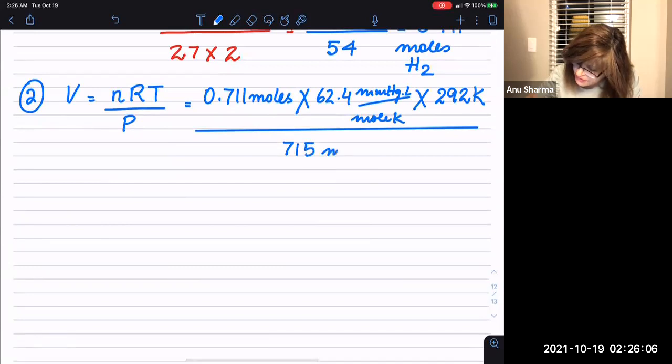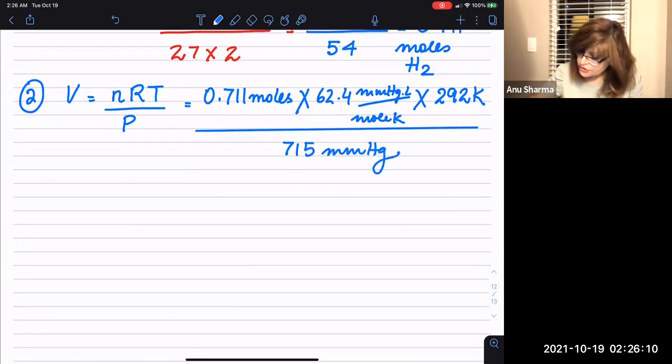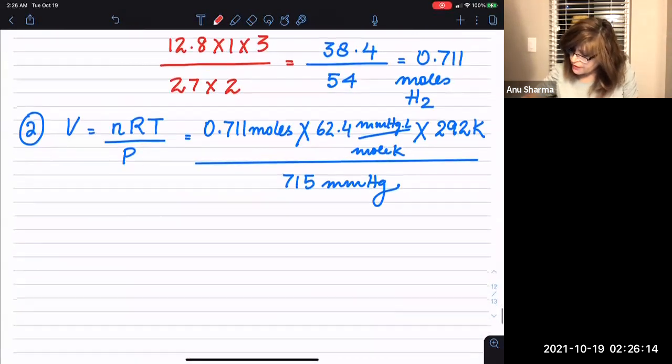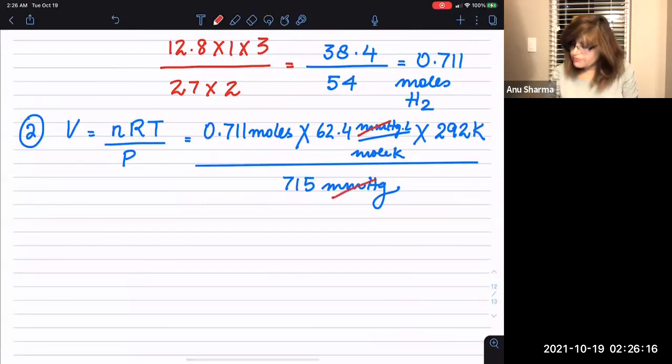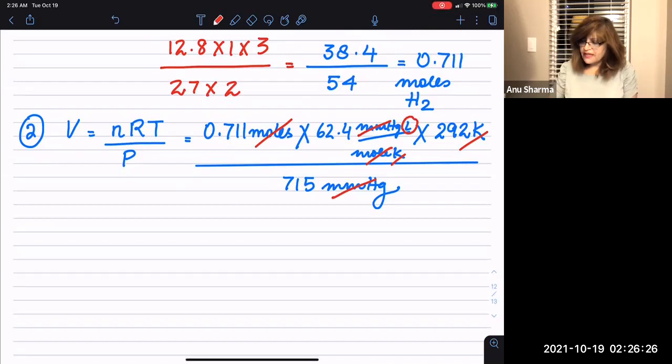Let's see first whether the units cancel. Millimeters of mercury cancel out, moles cancel out, and K cancels out, and you're just left with the unit of liters. This is the volume in liters.